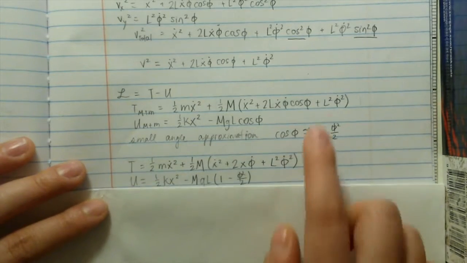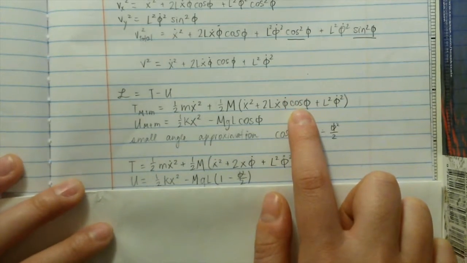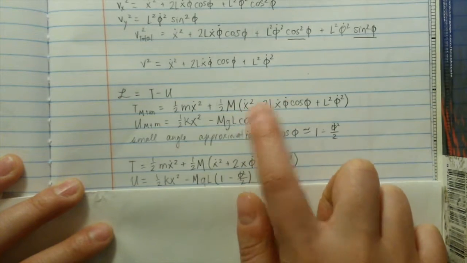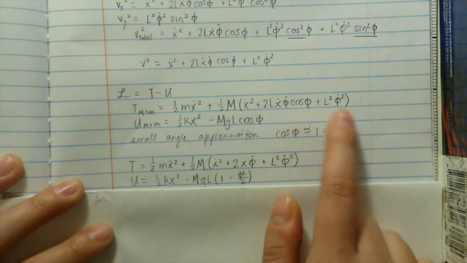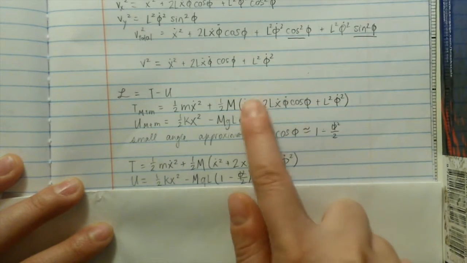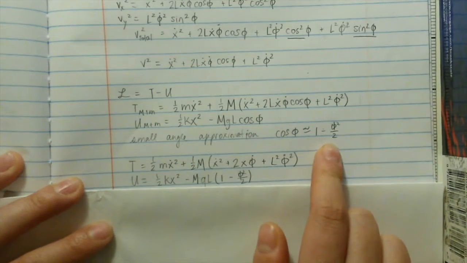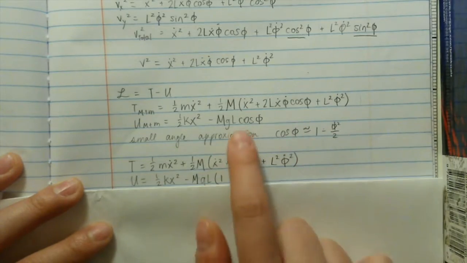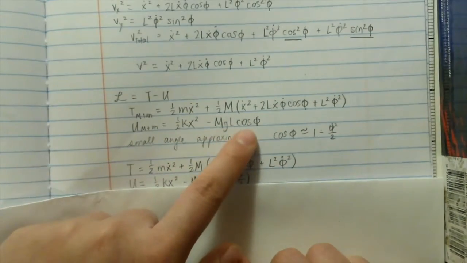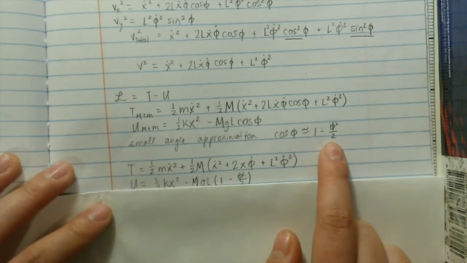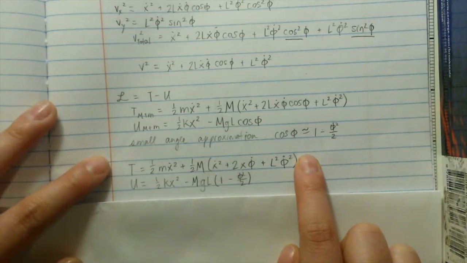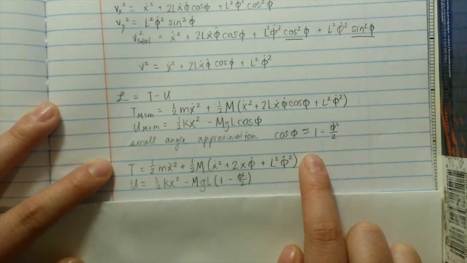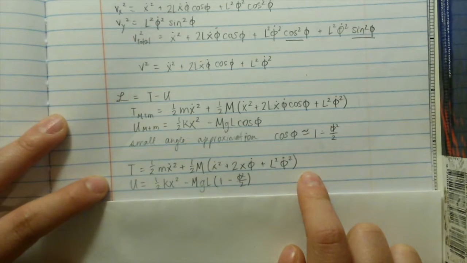But since this cosine phi here is added to other things, we don't care about the quadratic part because it's going to be too small to matter because we have other squared things, so that's going to get rid of that. But here, for this cosine phi, we're going to have to keep the quadratic term. And so here's our total kinetic energy and our total potential energy.